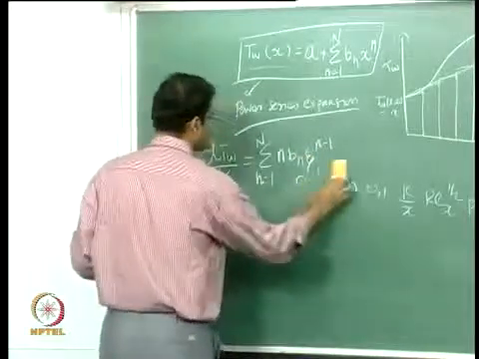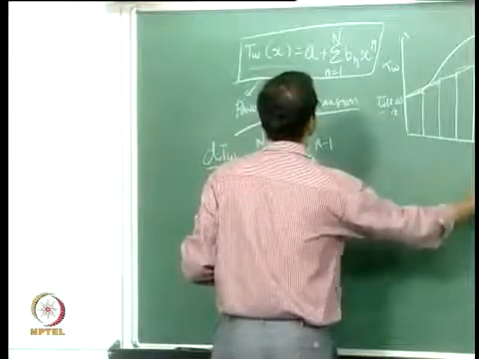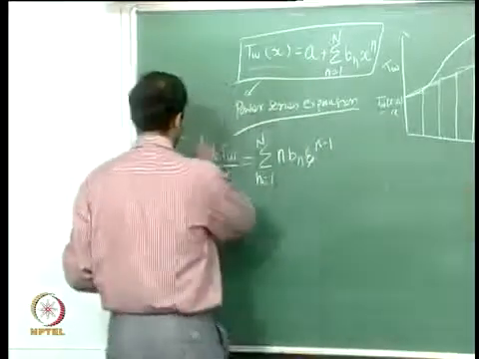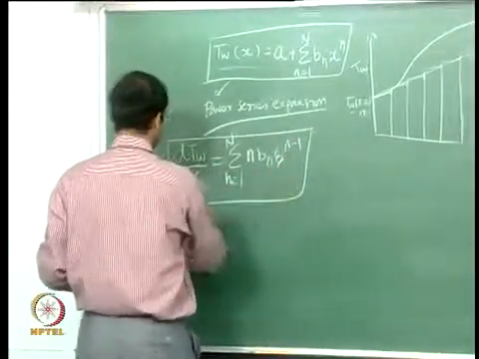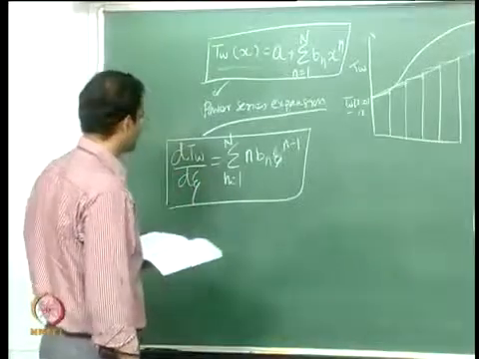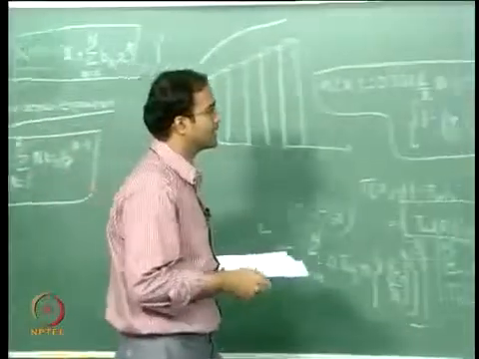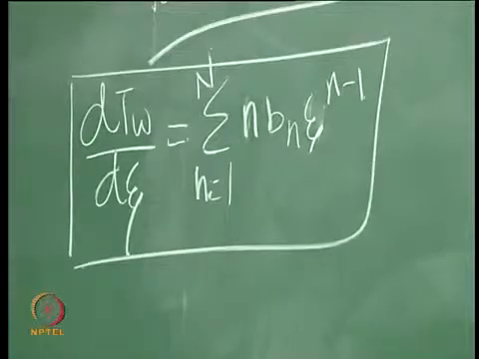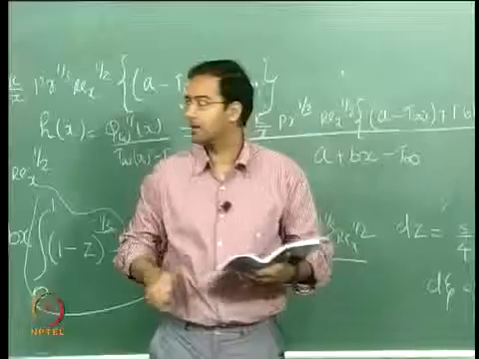Okay. So this has to be now substituted into the expression where we had dT wall by d zeta.